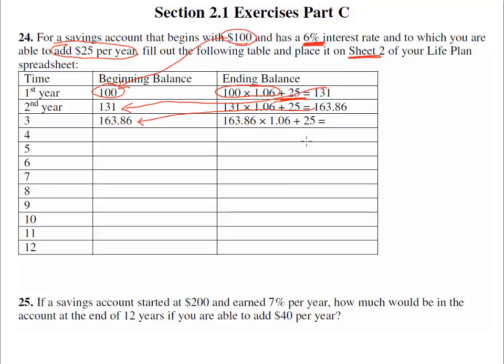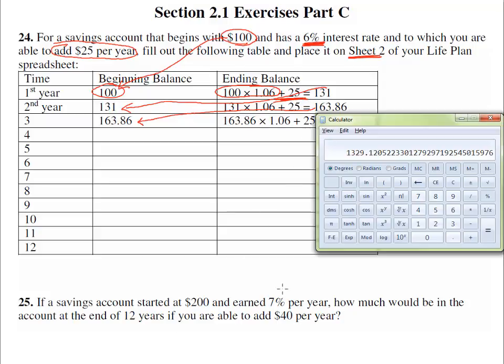So let's pull out our calculator and start doing this. Clear everything. And we're starting with, let's run this last calculation. So we have 131 times 1.06, and then we add $25. And there we have the 163.86.